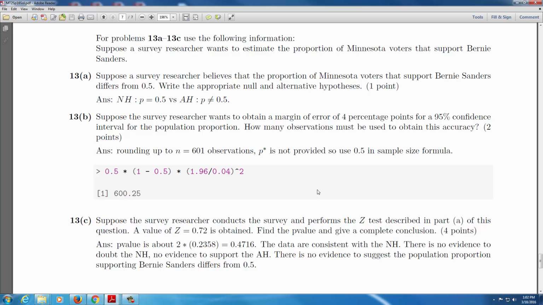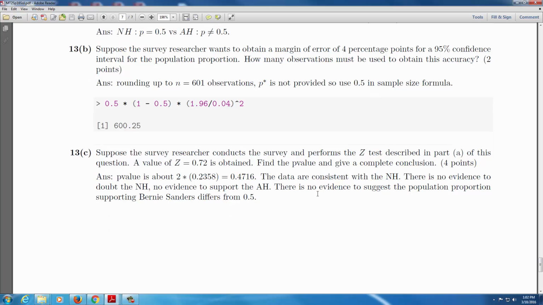2 points for that. In 13C, we do a test, and we get a z-statistic of 0.72. We need to get the p-value, and because it was a two-sided test, we need to look up the probability of something more extreme than 0.72, greater and more negative than negative 0.72, and the final probability for that total is 0.4716. Data are compatible with the null hypothesis, and that means there's no evidence to suggest that the proportion supporting Sanders is different than 0.5.